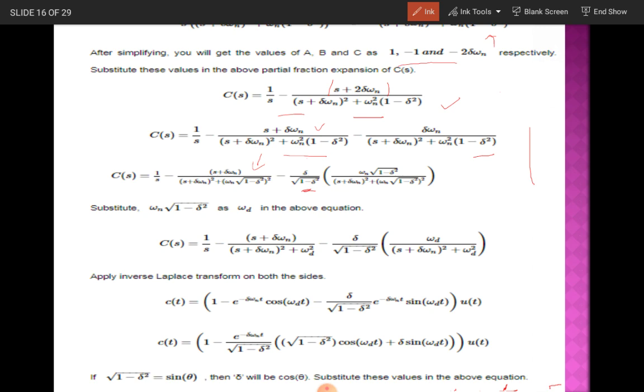So rearranging, you will get del/square root of 1 - del^2 into omega_n square root of 1 - del^2 divided by (s + del omega_n)^2 + (omega_n square root of 1 - del^2)^2.